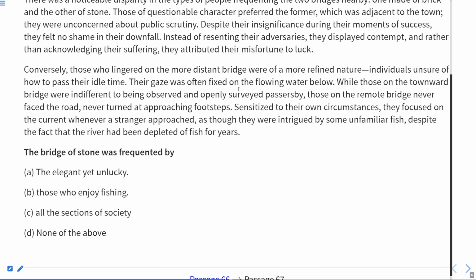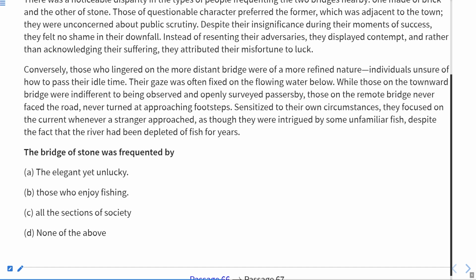So what do they do? They just stare towards the water which is flowing below, while those on the townward bridge were indifferent to being observed and openly surveyed passers-by. Those on the remote bridge never faced the road. They have never turned to approaching footsteps, or were sensitized to their own circumstances.